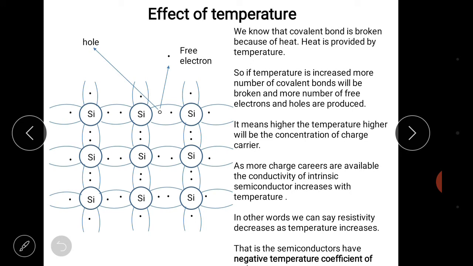As more charge carriers are available, the conductivity of an intrinsic semiconductor increases with temperature. In other words, we can say resistivity decreases as temperature increases. That is, semiconductors have a negative temperature coefficient of resistance.